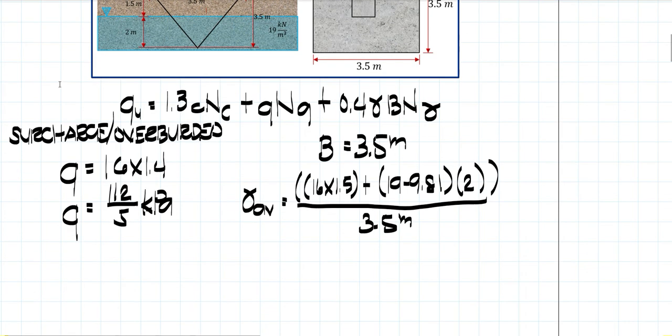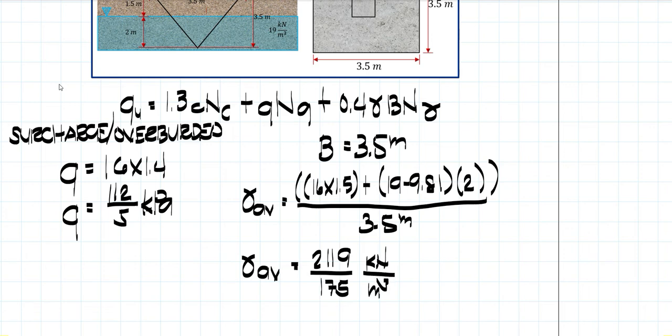So from this equation, we will have a value of the gamma average, which is equivalent to 2,119/175. So ito na ngayon yung unit weight, or gamma average, for the third term of the equation.